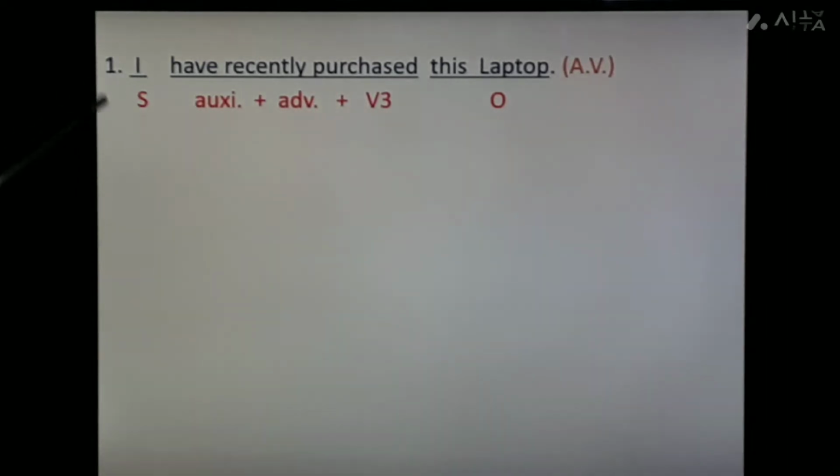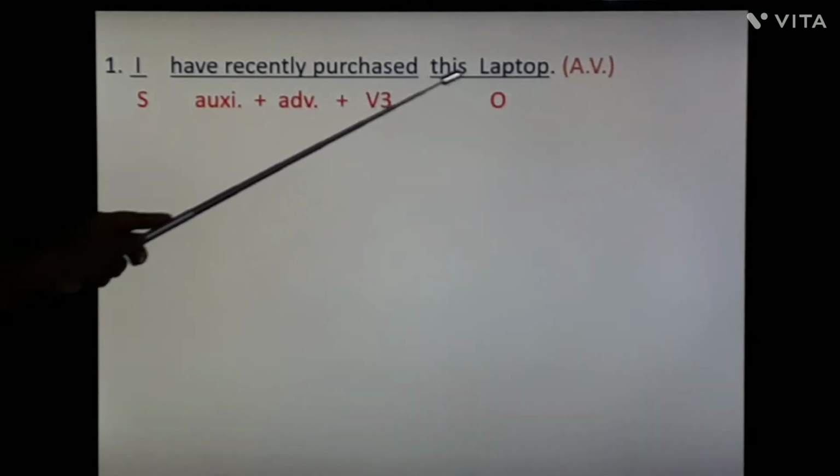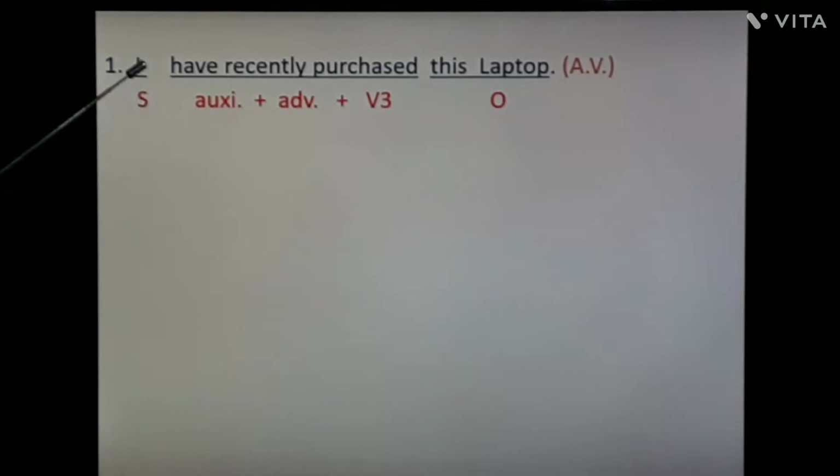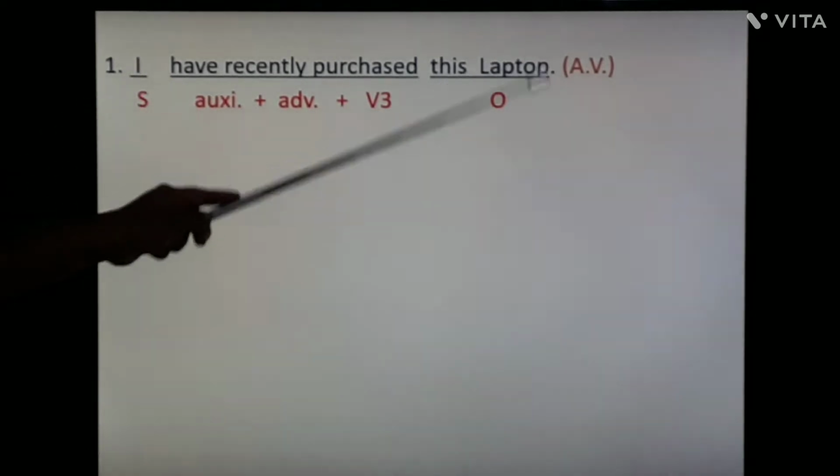So here, first of all, you have to find out subject, verb, object from the given sentence. So here, I is subject, have that is auxiliary verb, recently that is an adverb, purchased V3 form, this laptop that is an object. So this is the example of active voice.